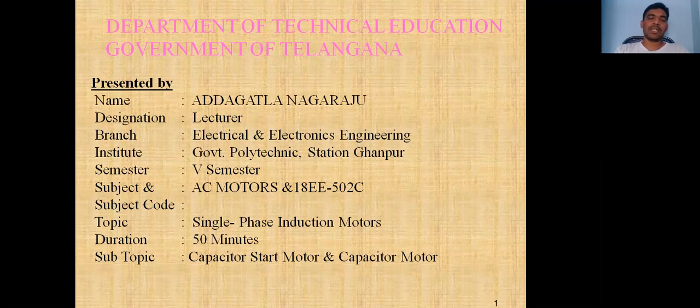In the last class we have seen that, based on the starting method, there are five different types of single phase motors: shaded pole, capacitor start, capacitor start and capacitor run, and split phase motor. The split phase motor we have already discussed, and the capacitor start motor and capacitor motor we will discuss today.